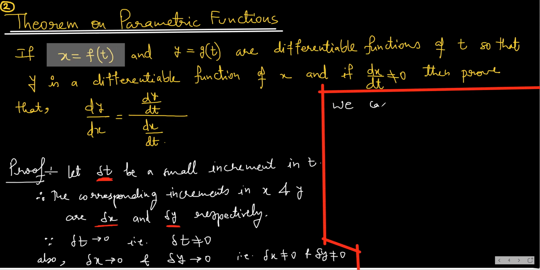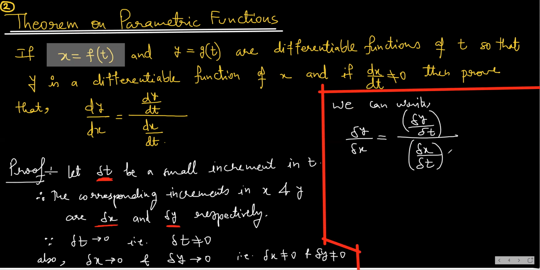We can write delta y by delta x is equal to delta y by delta t upon delta x by delta t. This is what I will write. Yes, I can do it. Why? Because delta t, delta x, they are not 0. So I can always have them in the denominator. This is my equation number 1.